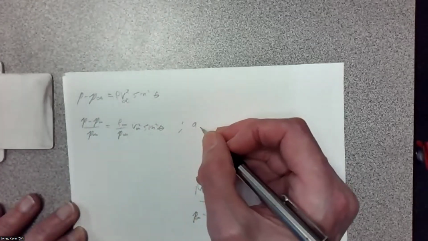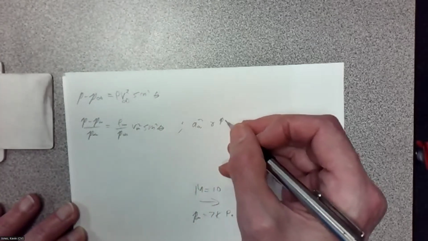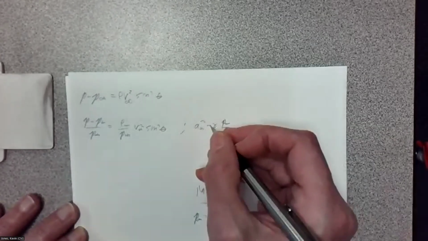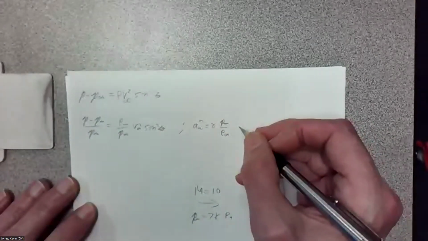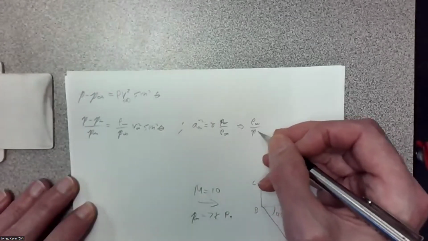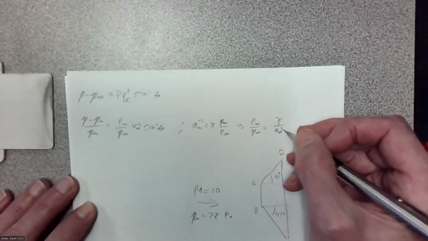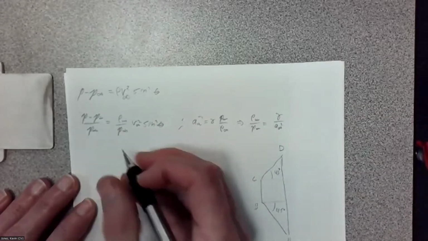And our A infinity squared is gamma P infinity over rho infinity, you remember from our derivation of speed of sound. So we can flip that around: rho infinity over P infinity is gamma over A infinity squared. So let's take that and plug it in here.